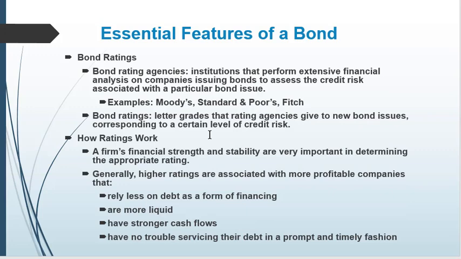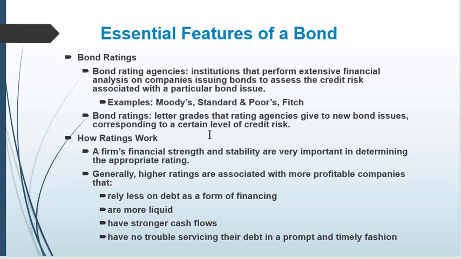Bond ratings are very important in that they give us a very quick picture of the security of an investment, right? So higher ratings are typically associated with more profitable companies. They have less debt, more liquidity, stronger cash flows, and they don't appear to have trouble servicing their debt.